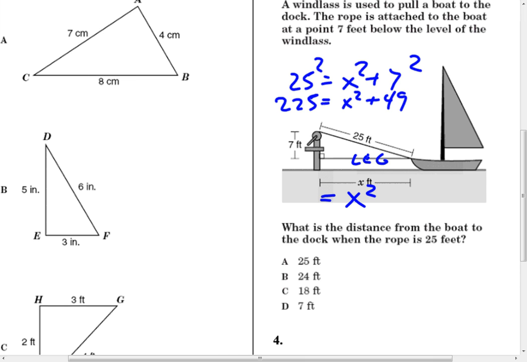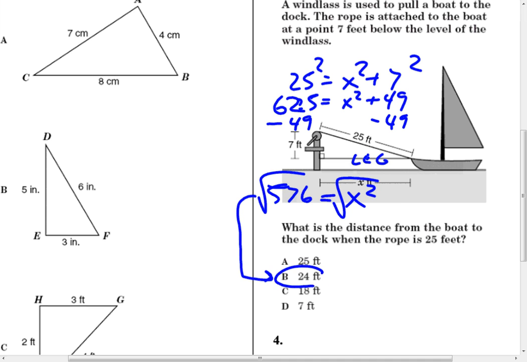Did I set that up right? I got 49. Oh, hold on, 625. That makes a little more sense. Is that 576 when you subtract that? What's the square root of 576? 24.